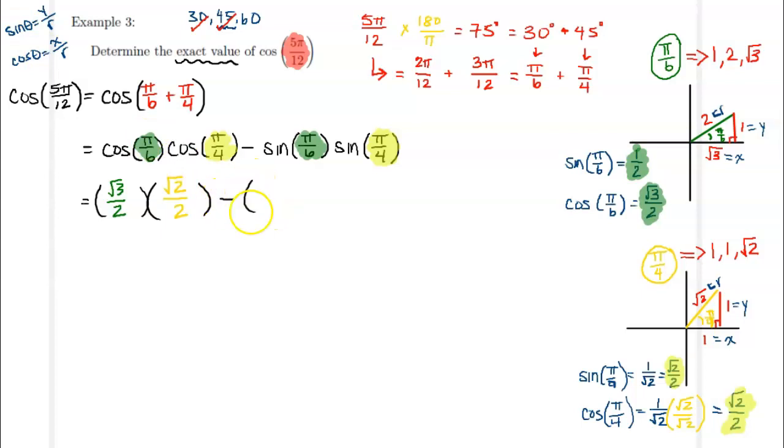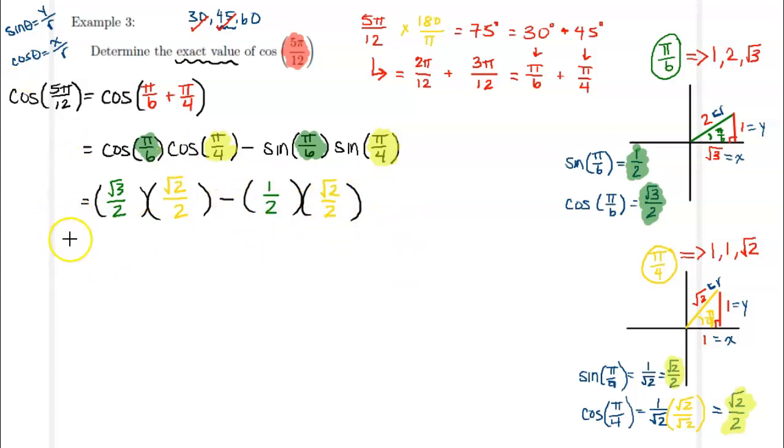And then we subtract. Now sine of pi over 6, what did we get? Sine of pi over 6 was 1 over 2. And finally, sine of pi over 4 was root 2 over 2. And now we have this.